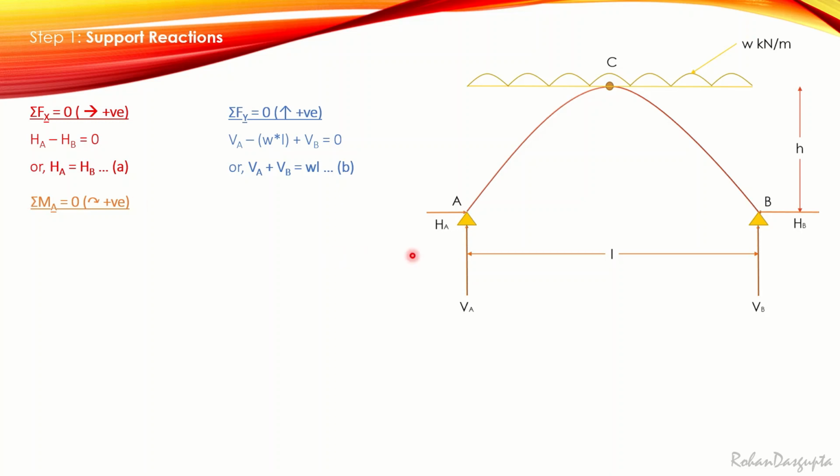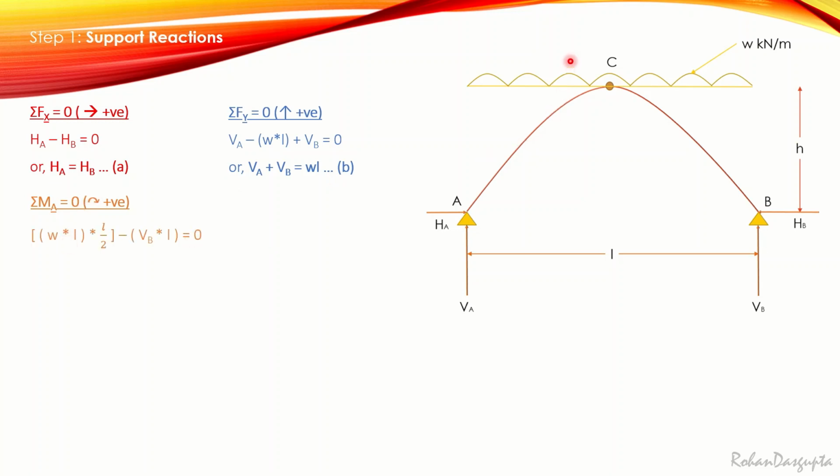So you see, first of all, HA and VA will not have any moments at A because they are passing through A. Moreover, HB will also not have any moment about A because the line of action of HB is also passing through A. So the two forces only that we need to consider are firstly this UDL, and secondly this VB. So let's see how I'm considering this.